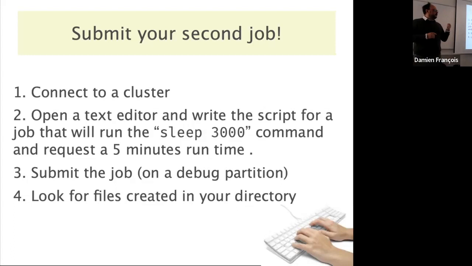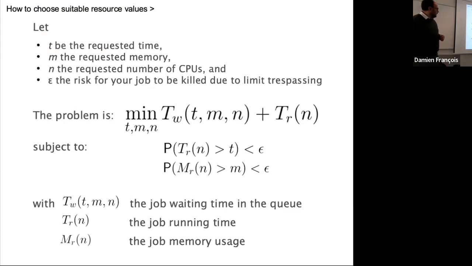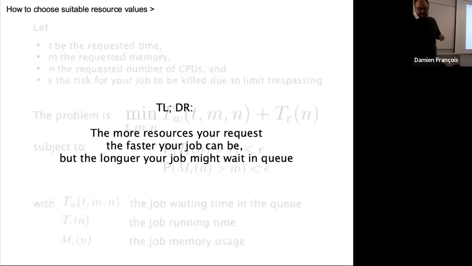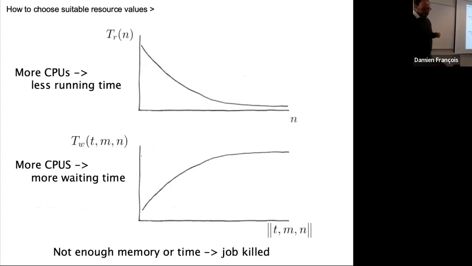So now what I would like to do is explain a bit how you can choose the resources, for instance, the running time. Basically, it's quite easy. It's an optimization problem that can be expressed like this. The more resources you request, the longer you will wait in the queue, but the faster your job can be. So it's a question of trade-off. If you have the number of CPUs here and the time it takes for a task to run, the larger the number, the smaller the time for running.